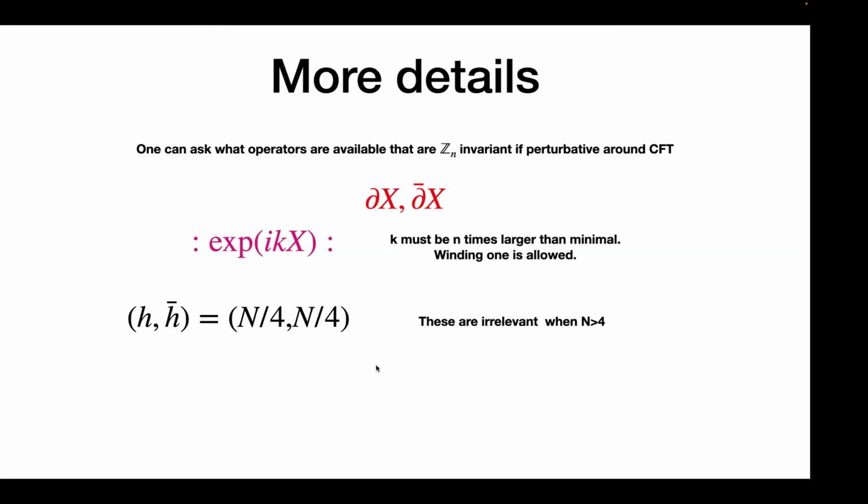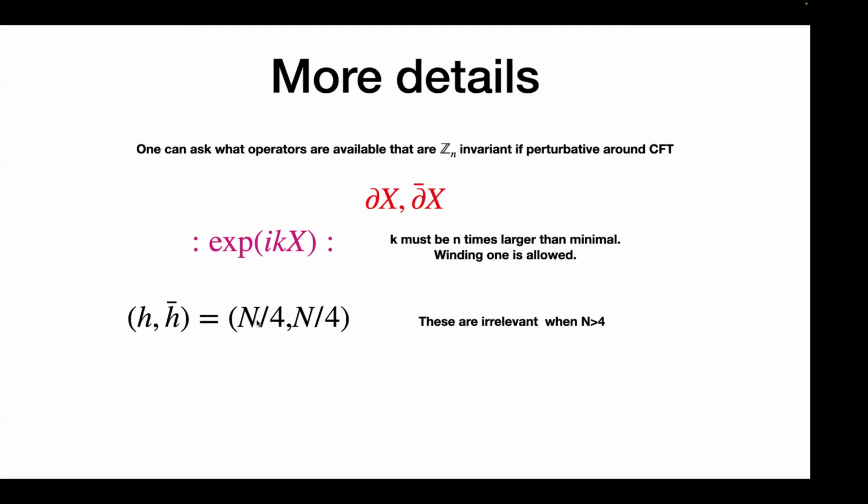And then you find that in this theory, the operators that you're allowed to have that satisfy all the symmetry conditions start with conformal weight n quarters, and then this becomes irrelevant when n is bigger than 4, and that explains why in the UV it flows to the theory that we wanted in the infrared with central charge equal to 1.